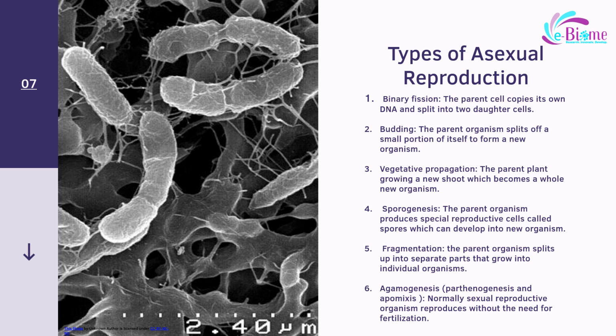Binary fission is an asexual reproductive technique where the parent organism, typically a single-celled organism or the cells of a multicellular organism, split into 2 identical copy daughter cells. For example, like the bacterial cells that are shown in the image on the slide.